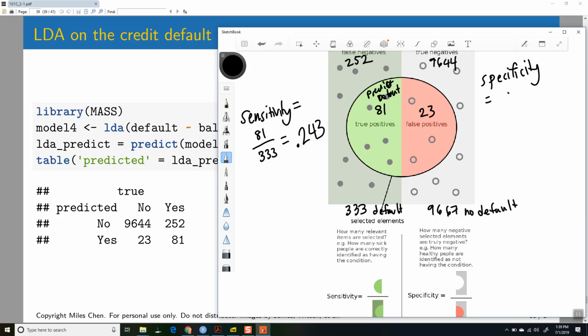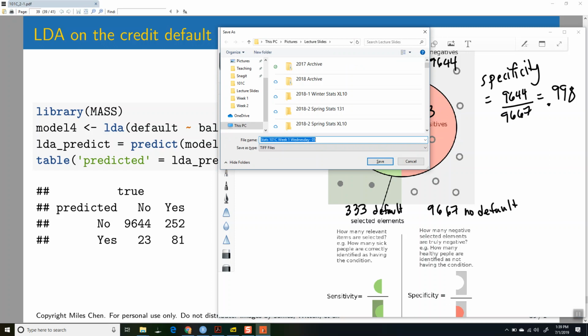It's going to be 9,644 divided by 9,667. Okay, so this is like 0.998. All right, so I'll throw this in our notes here.